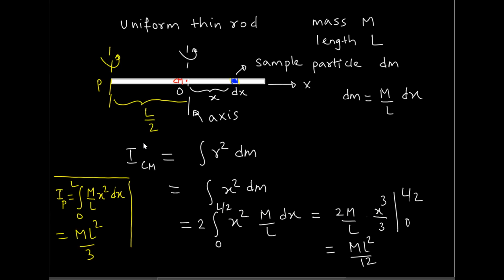So the distance between them is L by 2. Now, the numbers tell us that it is really hard to rotate a rod about an axis passing through its end. And it is in fact true. If you hold a very long stick exactly at the middle, you can spin it easily. But if you shift your hand near the end, it's actually difficult to rotate it.